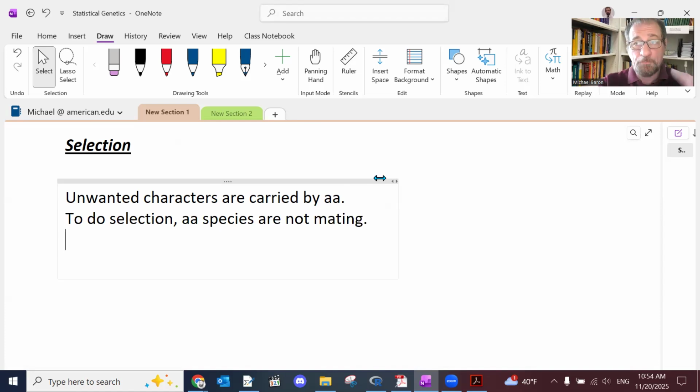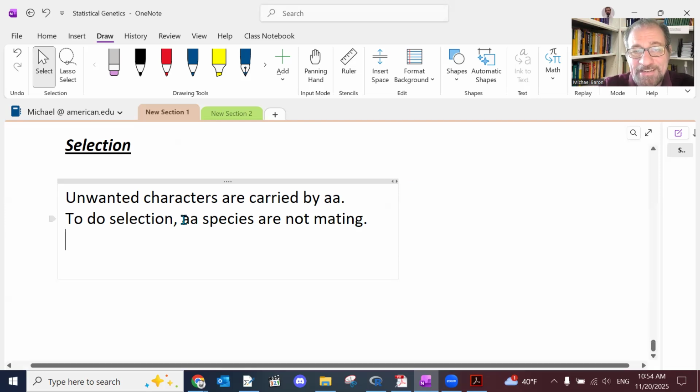Well, you collect the pollen from the plants that you want to propagate through generations, and you don't include homozygote recessive genes in this pollination. Then you pollinate the field, and everything will be pollinated except AA species.